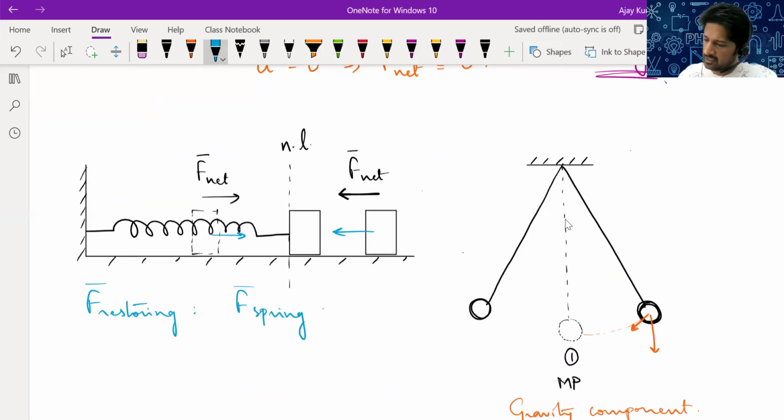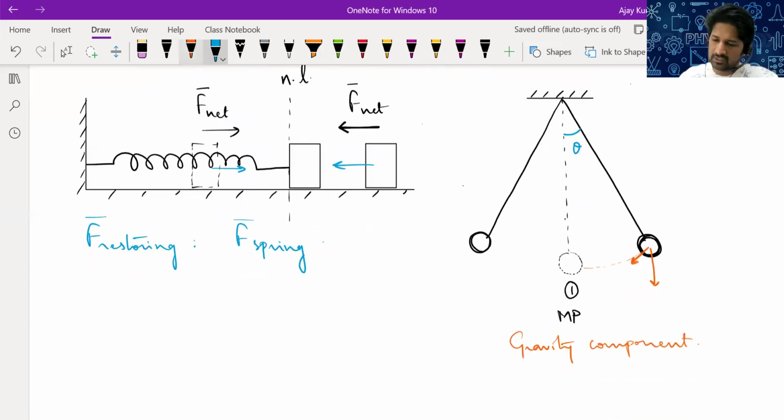You consider the angle by which it is taken away from the mean position. Let it be theta. If that angle is theta, then the component of mg which will be trying to restore its position, see, mg is actually in the vertical direction, no? The component of mg which tries to restore its position will be mg sine theta. Now, as theta increases, sine theta increases. Okay.